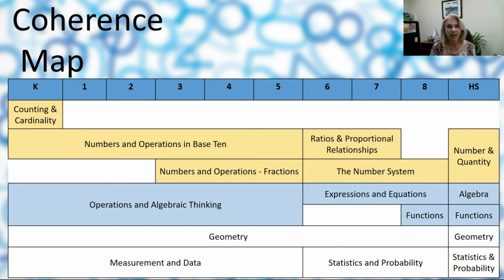Geometry is a domain that continues and progresses from kindergarten through high school. Measurement and data, MD, is a domain that begins in kindergarten and ends in 5th grade, with the continuation of learning in the middle school as statistics and probability, which is a domain that carries into high school as well.